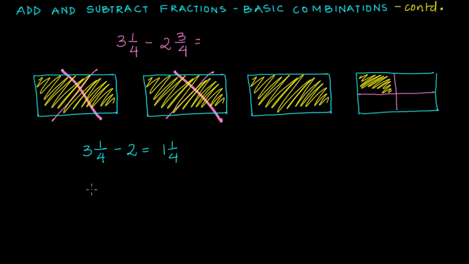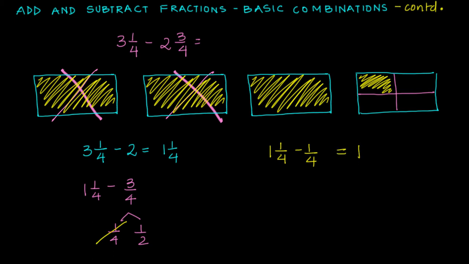The next step is 1 and 1/4 minus 3/4. Now we know that 3/4 is made of a 1/4 and a half. So what if we take away the 1/4 first? So 1 and 1/4 minus 1/4. So I took this away, and I'll be left with 1.